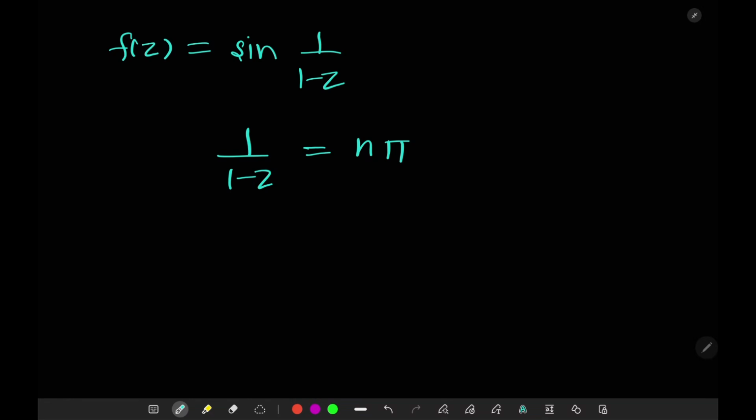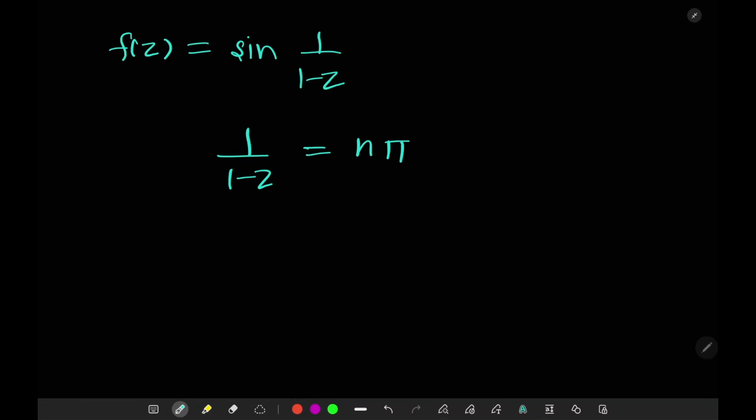Now let's do another question. f(z) equals sin 1 by (1 minus z). Here 1 by (1 minus z) equals n pi.